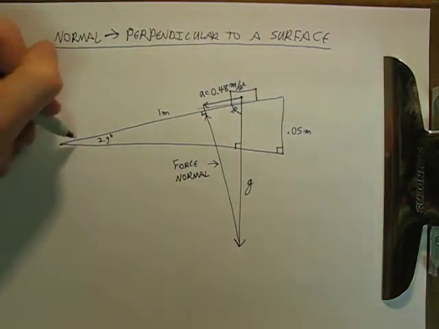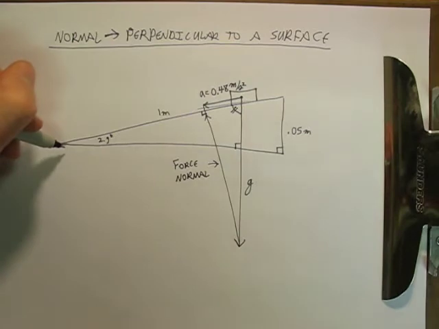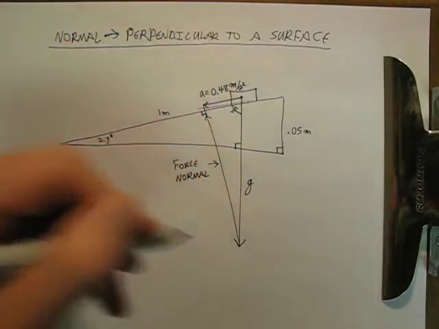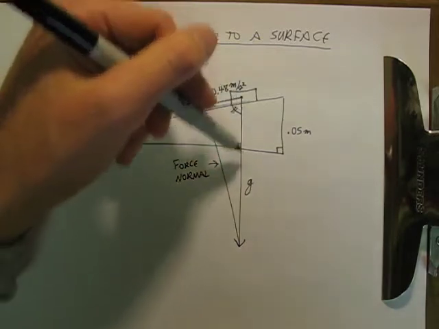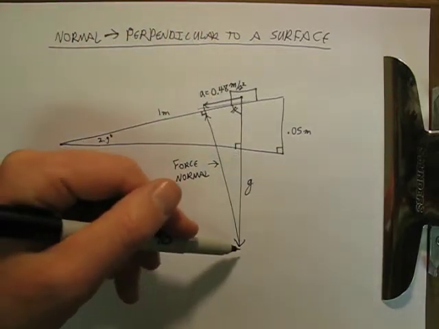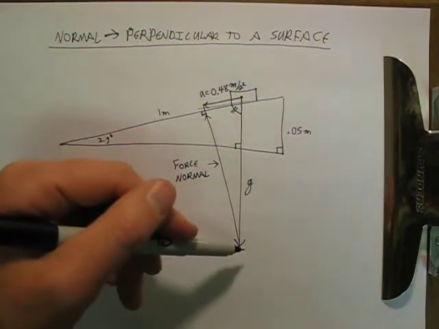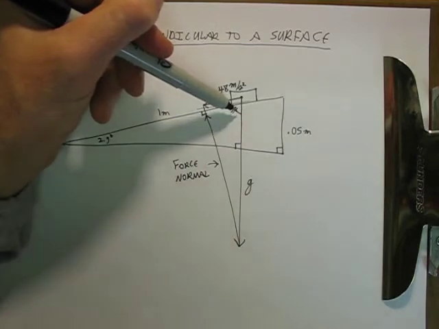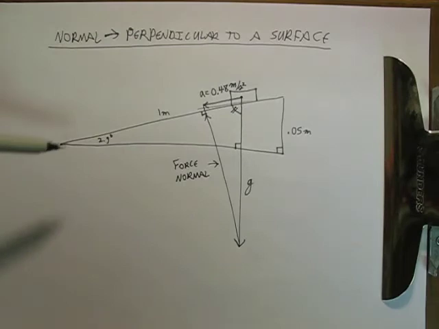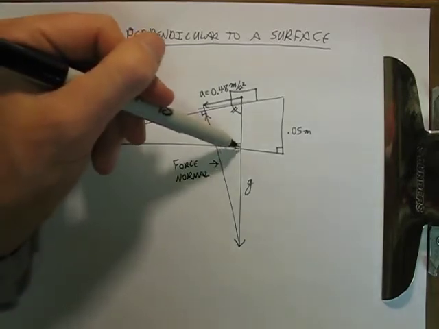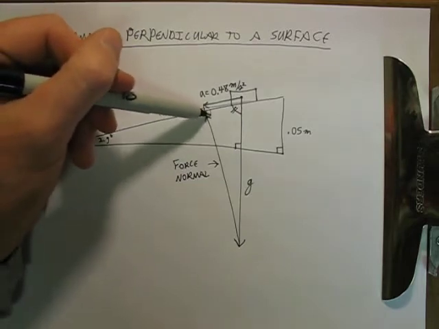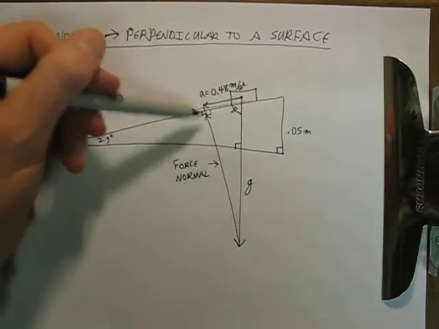So I've got a triangle 1, 2, 3, and I've got another triangle 1, 2, 3. Now, this angle appears in both triangles, and so it's congruent to itself. And then this is a 90-degree angle for this triangle, and this is a 90-degree angle for this triangle.